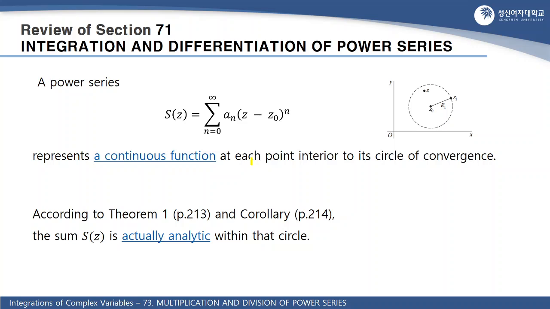There, we have learned that a power series, the summation from n equal to 0 to infinity of a_n times (z minus z_0) to the n, represents a continuous function denoted by S(z) at each point interior to its circle of convergence.